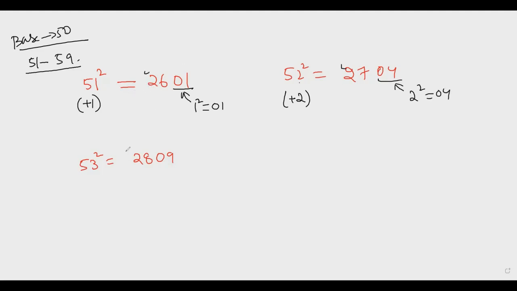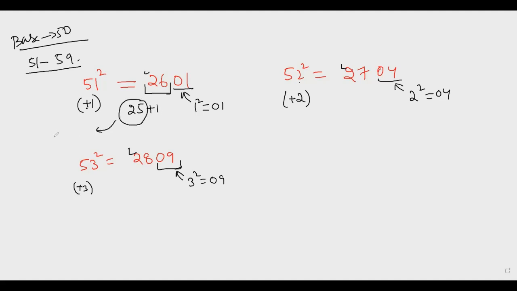26, 27, 28. Tell me. 5 square again. 5 square means 25, right? 25 was there again. So this is our key number.